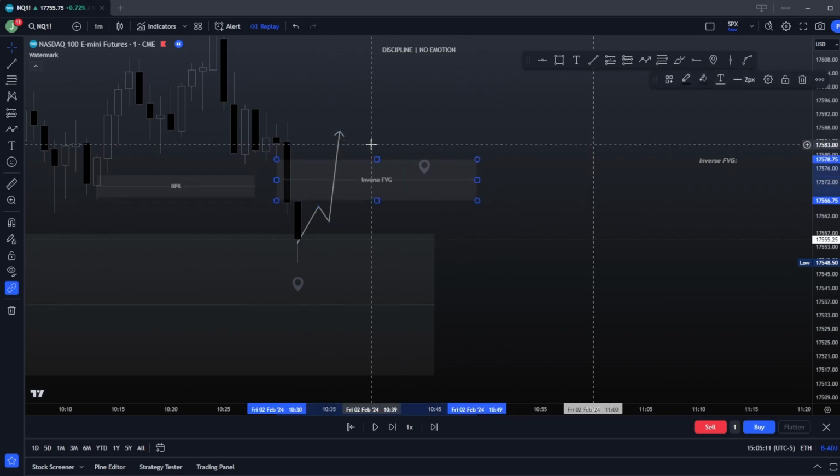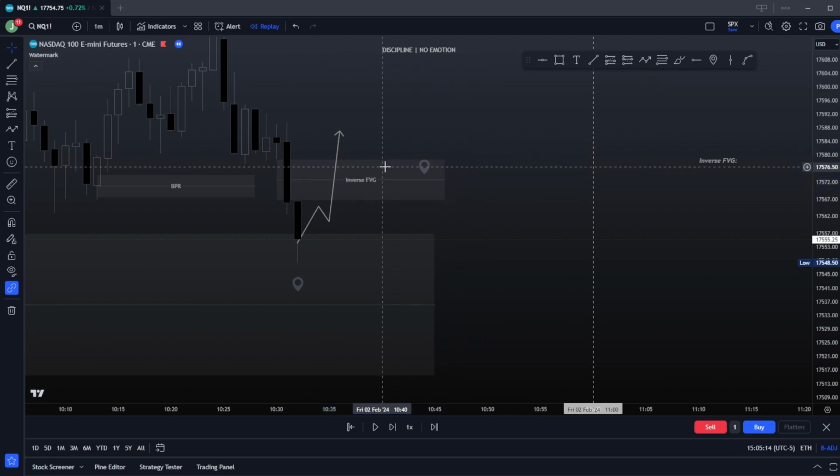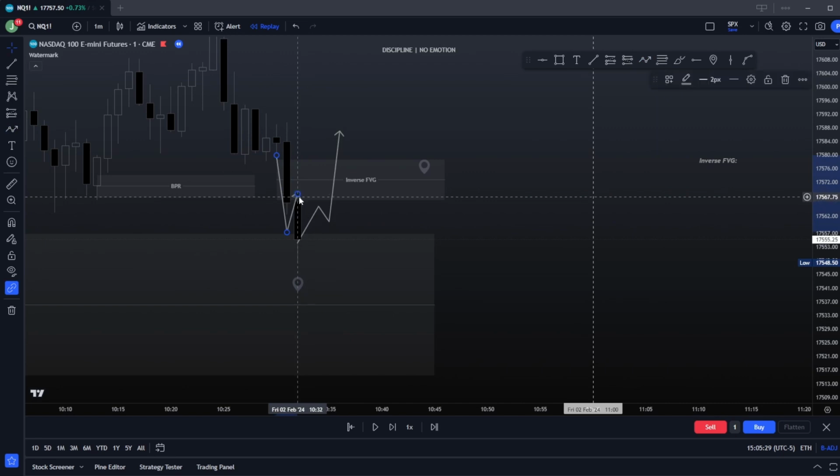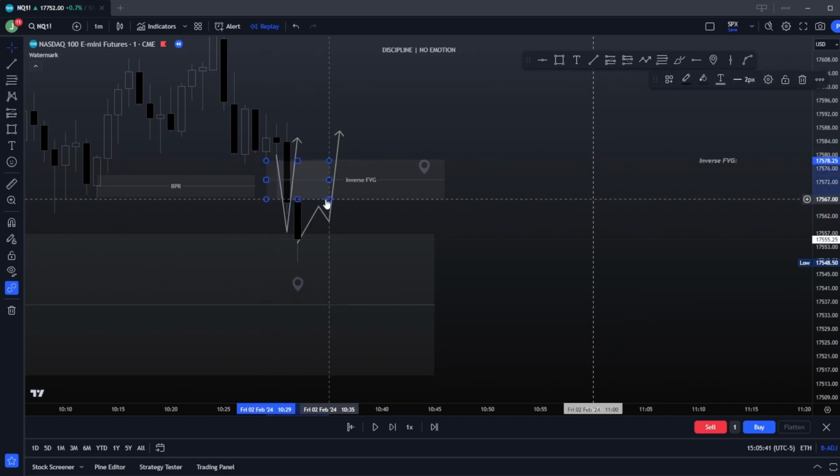There's still that price imbalance there because we displaced hard in one direction and price didn't necessarily correct itself. Instead, it completely displaced in the opposite direction. So now we have a double imbalance in both directions.